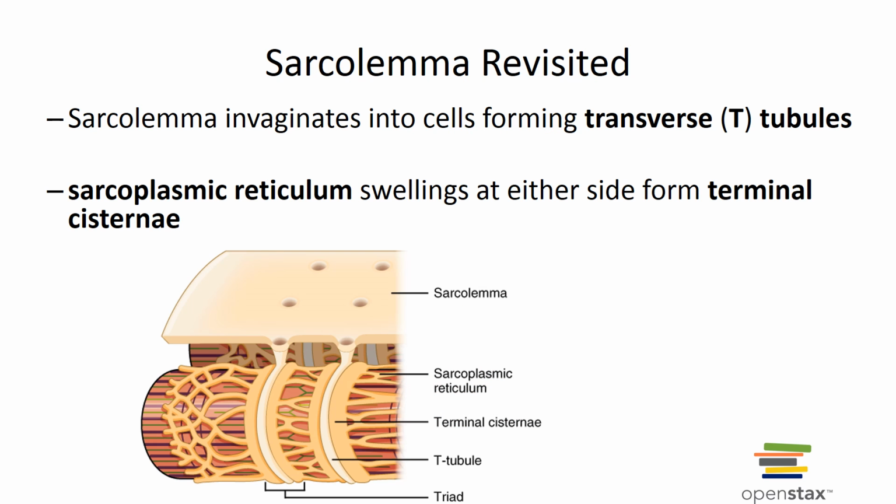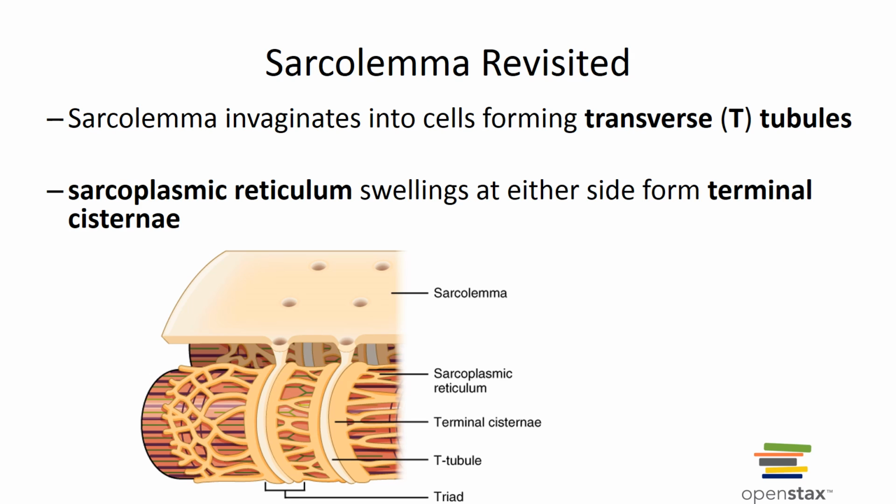Another thing to note is the sarcolemma, which is the cell membrane. And the cell membrane is where the nerve contacts the muscle. It's the plasma membrane of a muscle cell. That is the sarcolemma.